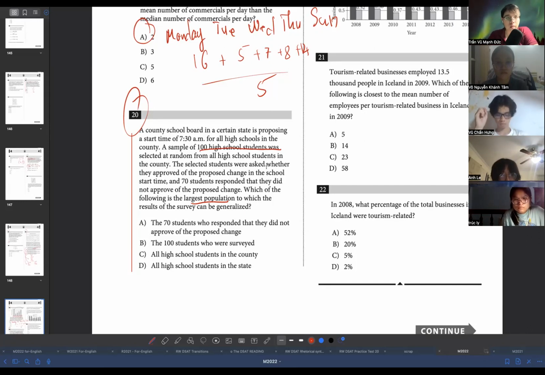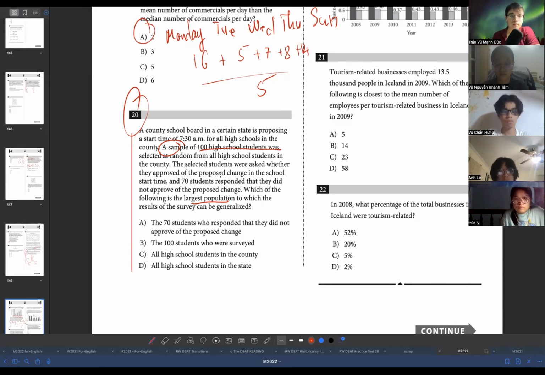So tell me, Anne, what is the largest population? If I say a sample of 100 high school students was selected at random, 100 high schoolers. So if this county has 1,000 students, can this be generalized to those 1,000 students? No. Why is it?